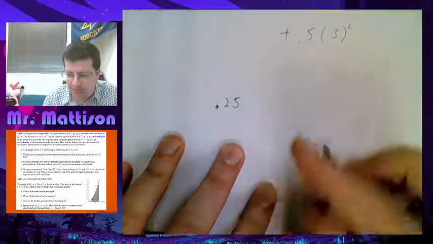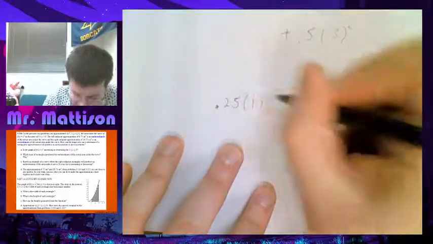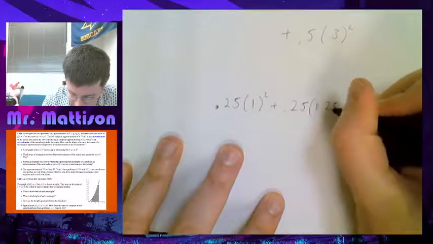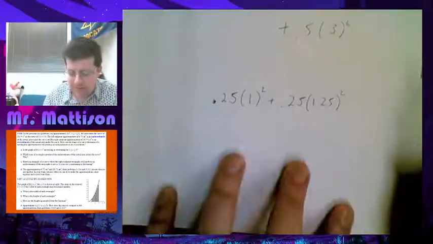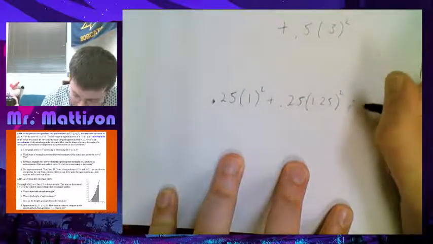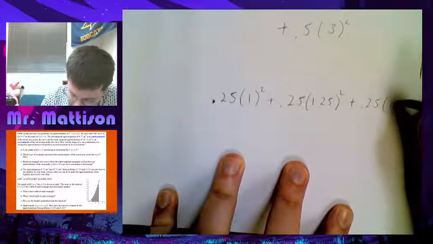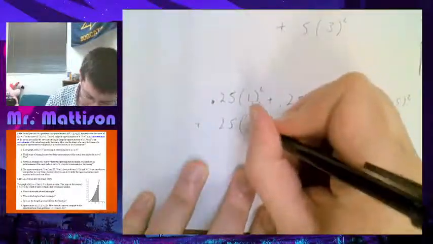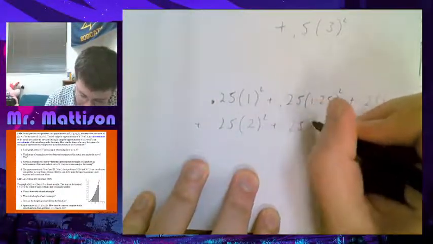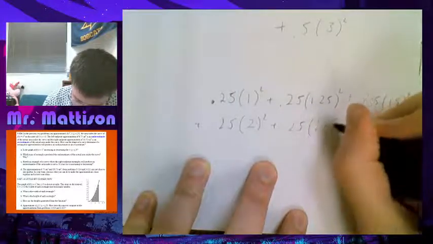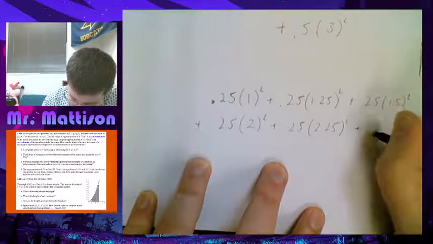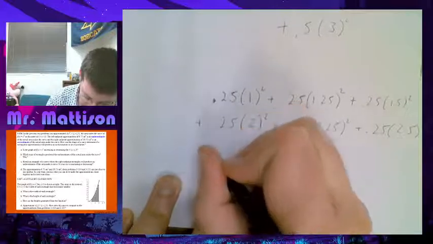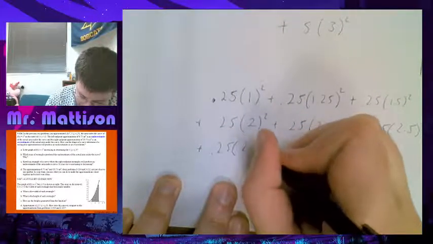So 0.25 times 1 squared plus 0.25 times 1.25 squared plus 0.25 times 1.5 squared plus 0.25 times 2 squared plus 0.25 times 2.25 squared plus 0.25 times 2.5 squared plus 0.25 times 2.75.